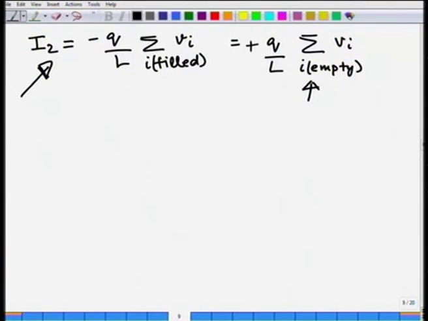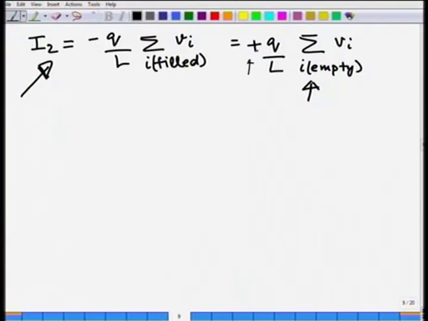Except in that case I will have to change the sign of the charge, and also I will replace in future mass also by a positive quantity.